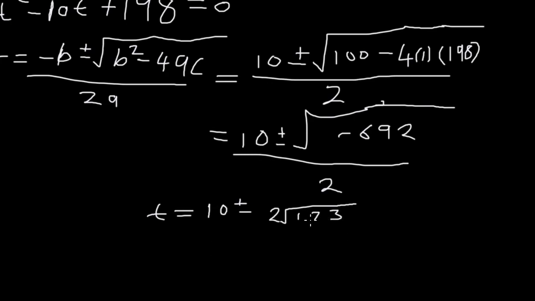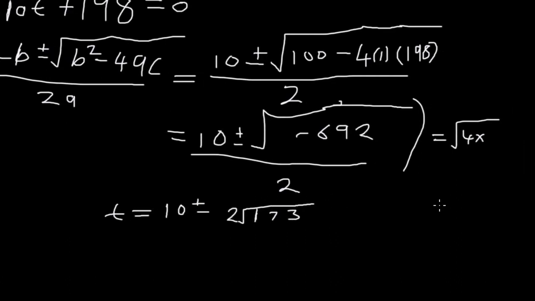If I've not mistaken, you can try to test it, because the root of negative 692 can also be written as 4 times 173.